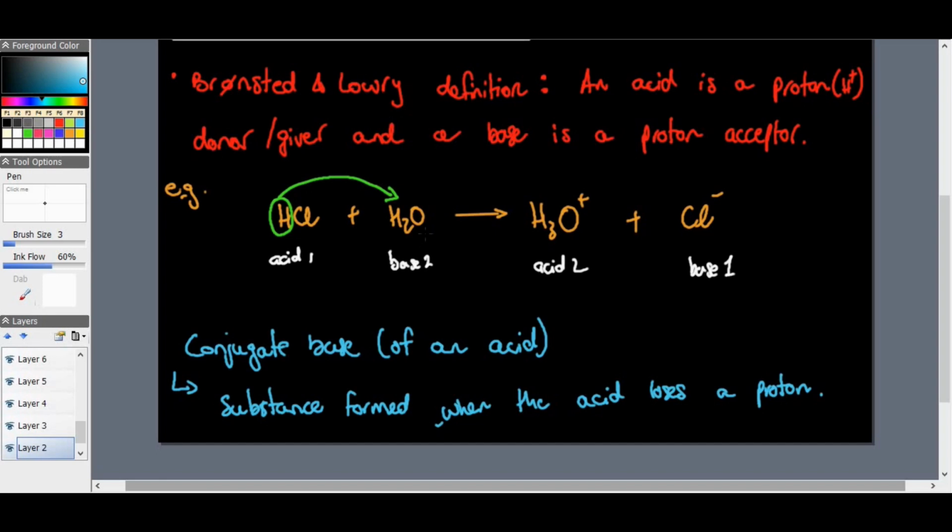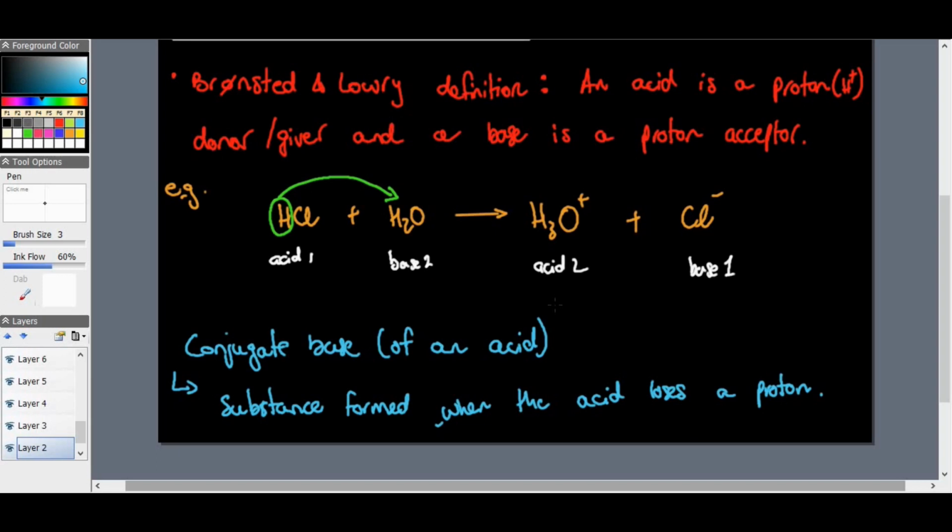So in this case, water gained a proton, so this would be the conjugate acid, and this would be the conjugate base. The acid and the conjugate base form a conjugate acid-base pair.